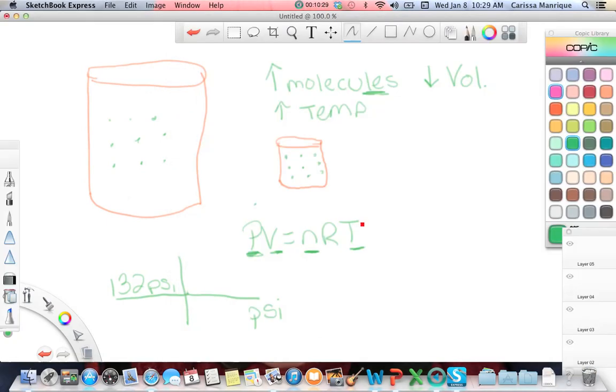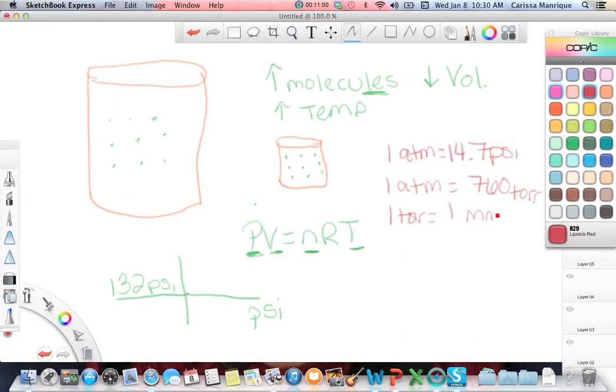Okay, so I'm writing over here, use a different color. 1 atmosphere equals 14.7 psi. 1 atmosphere equals 760 torr, T-O-R-R, and 1 torr equals 1 millimeter mercury. So those are the same.